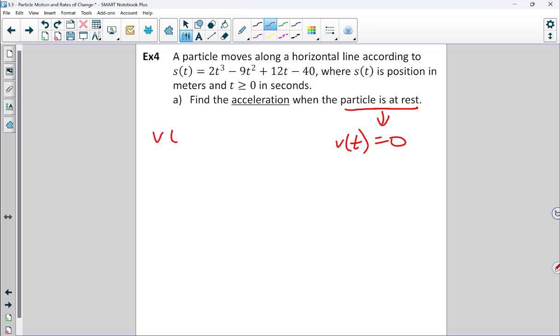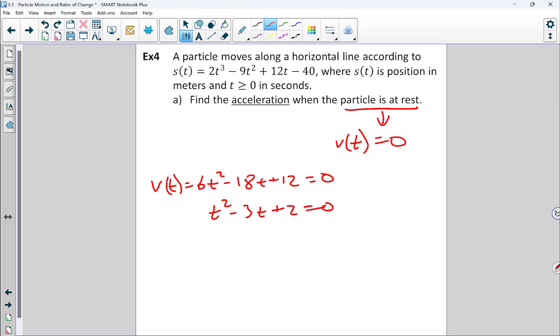Velocity is the derivative, so that would be 6t squared minus 18t plus 12. That equals 0. I can divide everything by 6, and then factor that into t minus 2 times t minus 1. So t equals 1 and 2. The particle is at rest at t equals 1 and t equals 2.